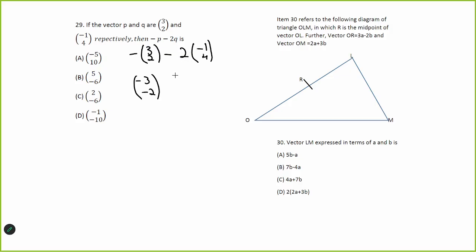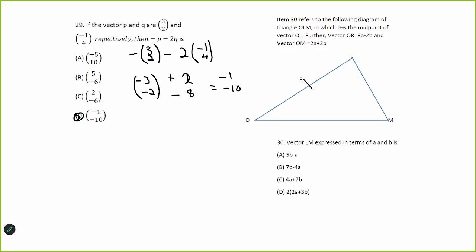Minus 2 by minus 1 is plus 2, sorry. And then minus 2 by 4 is minus 8. Minus 3 plus 2 would be minus 1. And then minus 2 minus 8 is minus 10. So the answer here is D.